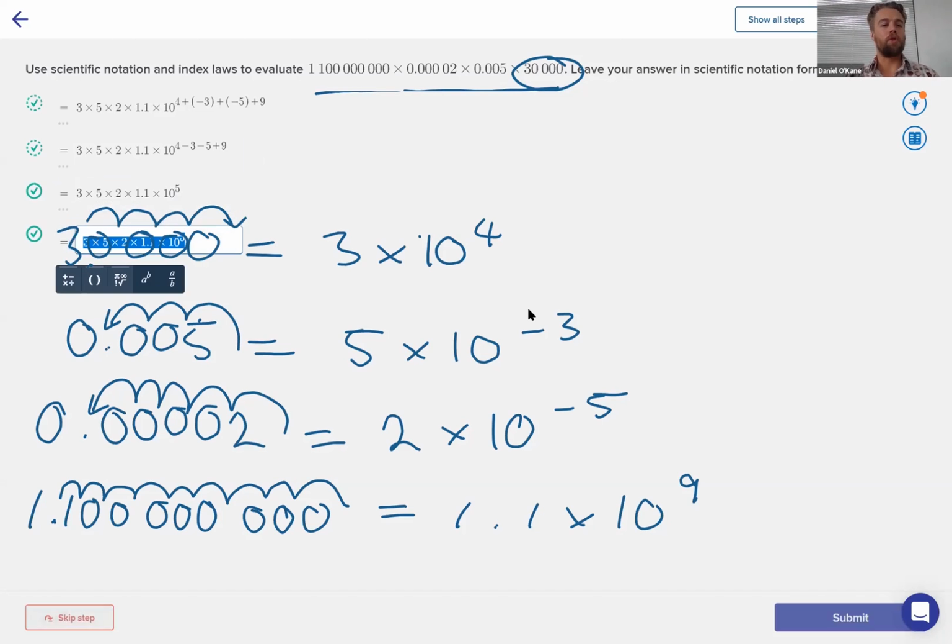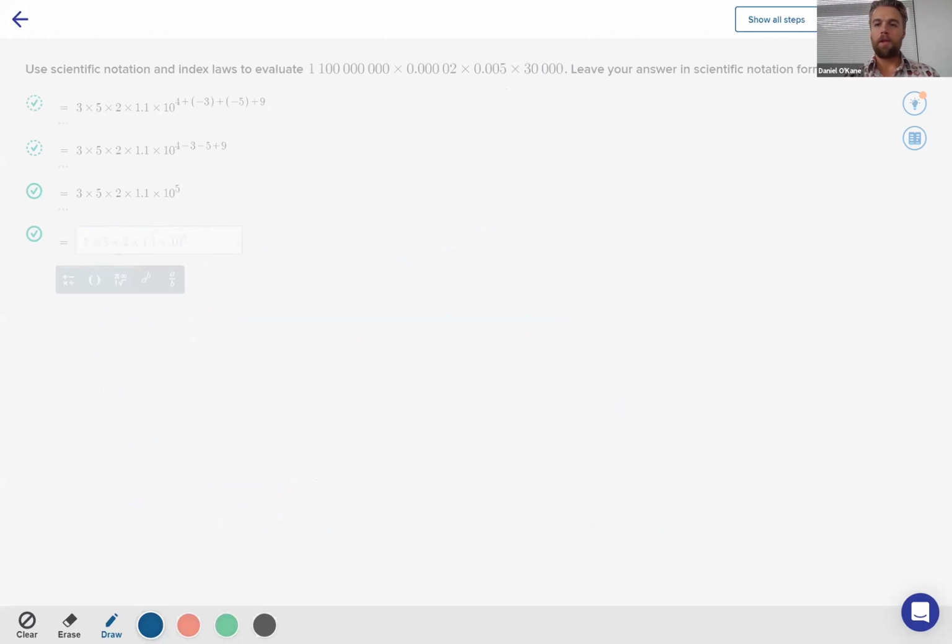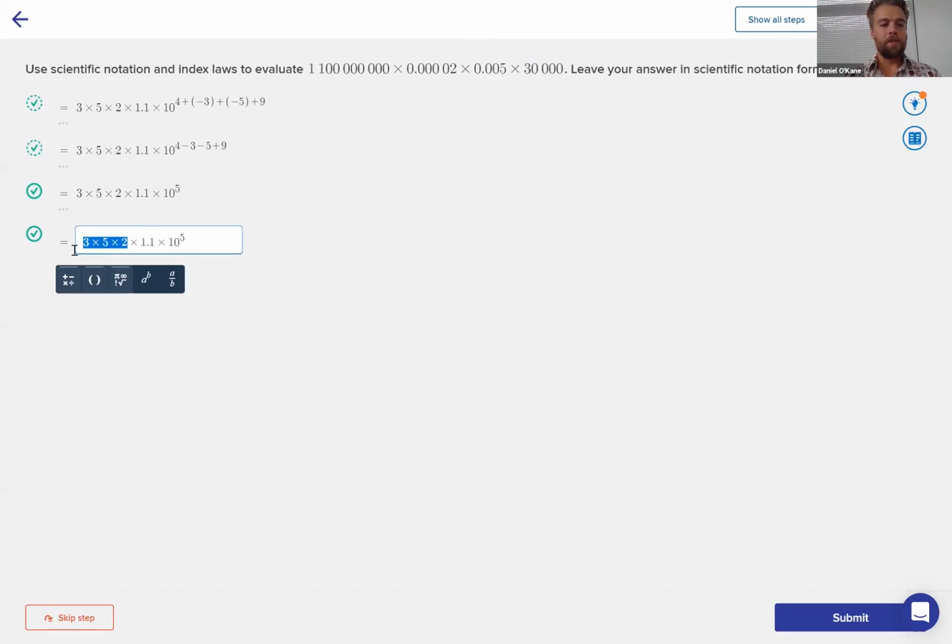So then to solve this, all I would have to do is multiply 3 by 5, which is 15, by 2 is 30. So let me clear this, okay? So I've got 30 times 1.1, so that is just going to be 33 times 10 to the power of 5.